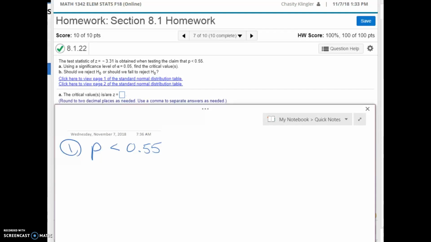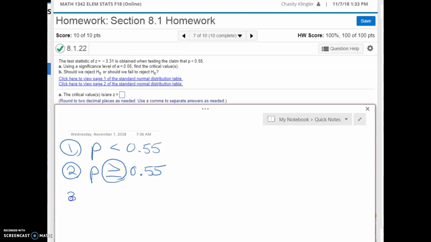Step 2 is write the opposite of the claim. So p is going to be greater than or equal to 0.55. That's the opposite, and then remember we always change the or equals to strictly equals.